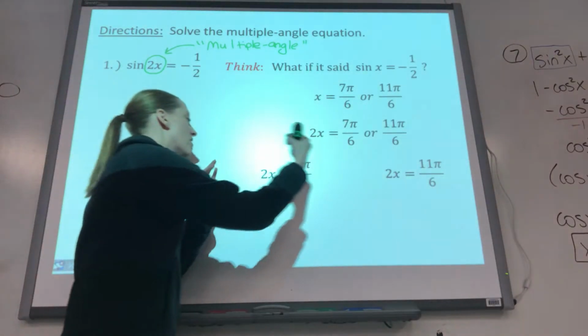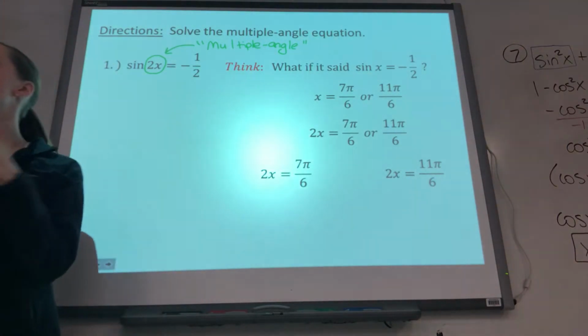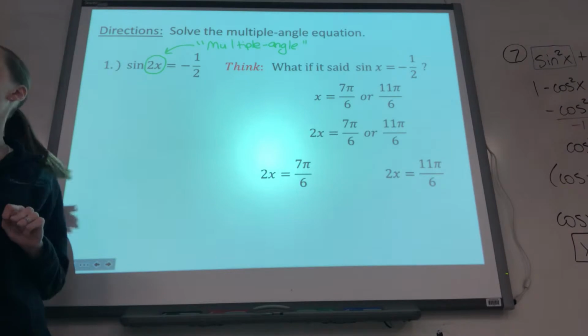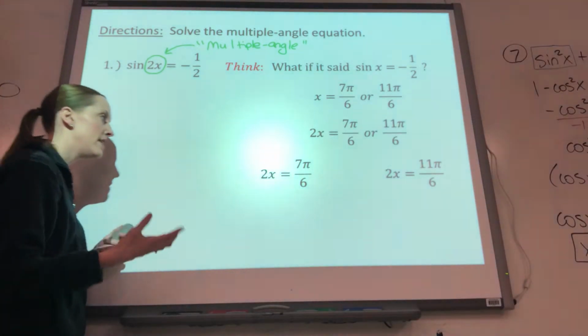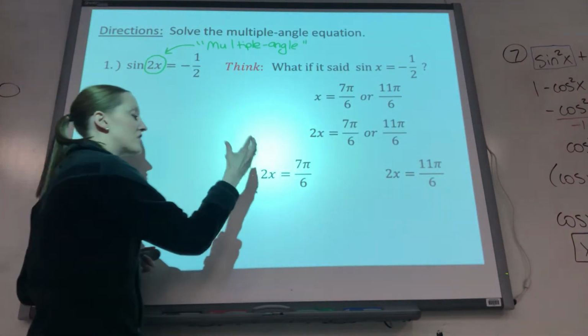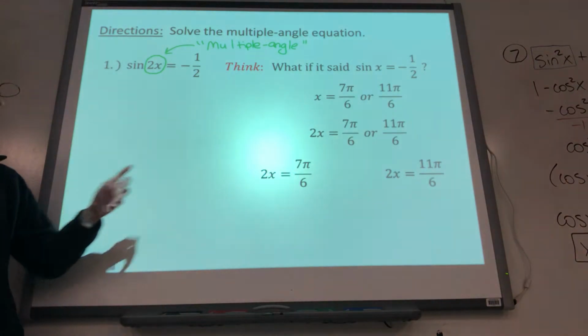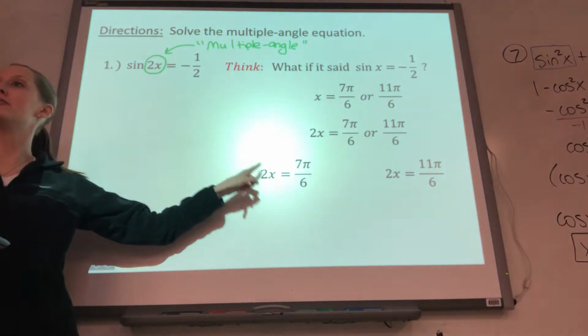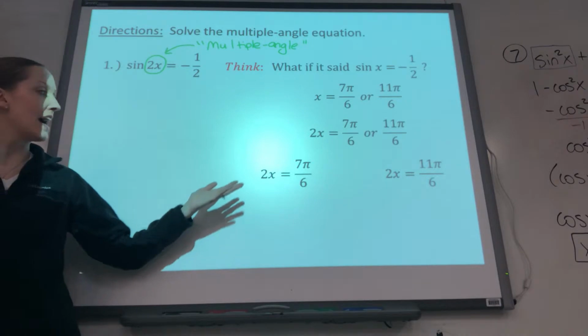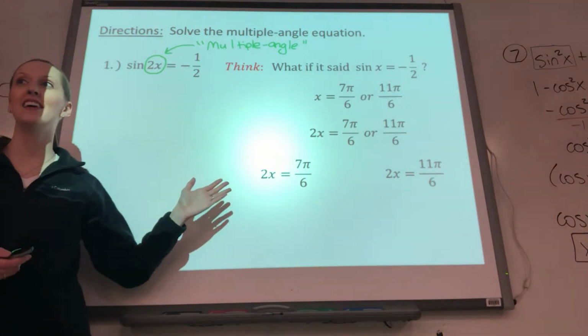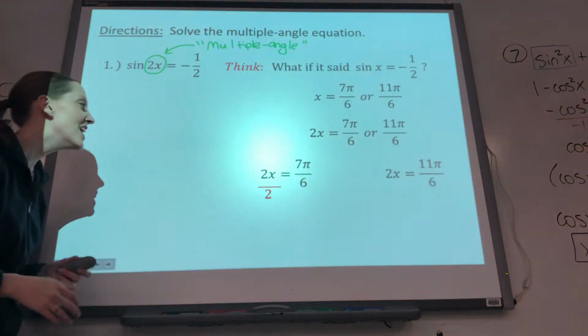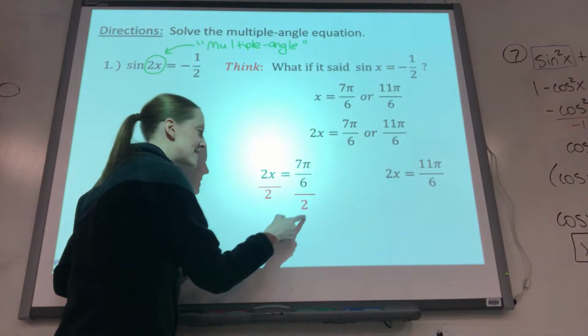I'm just breaking those apart again to use both of those numbers that I got on handy dandy. Now, in general, when you're solving an equation, and your variable is being multiplied by 2, how do you undo that? Divide by 2. That's what we're going to do on both sides.